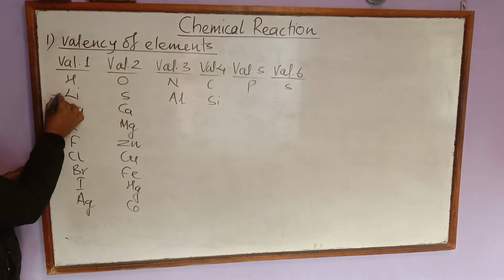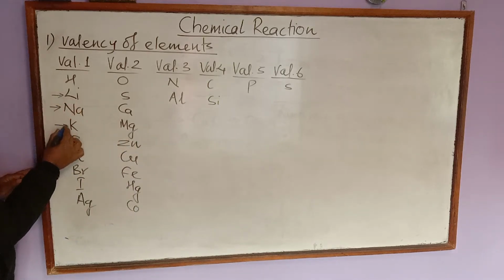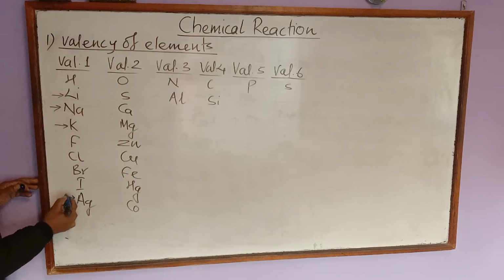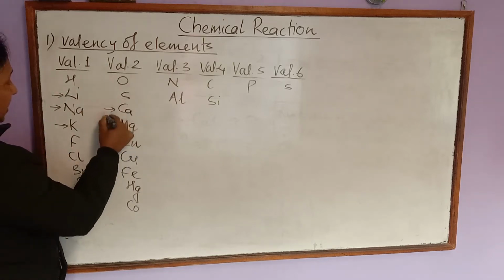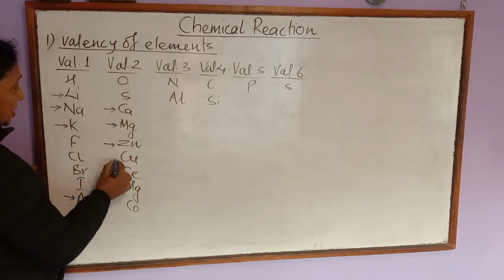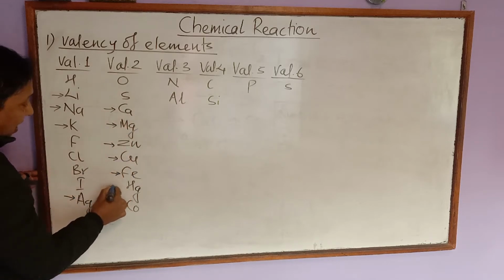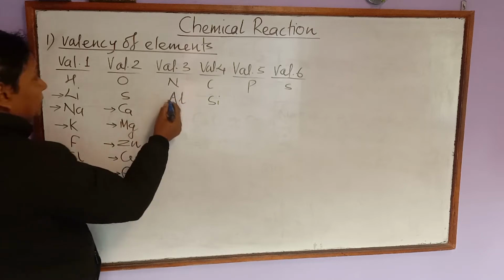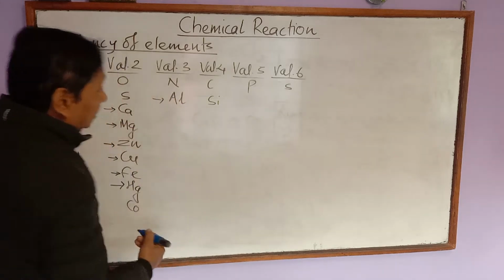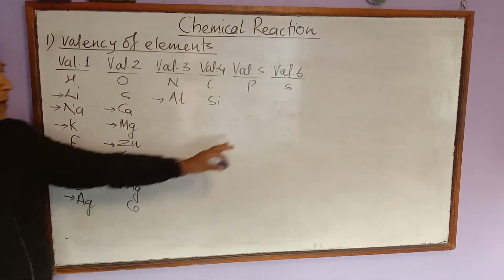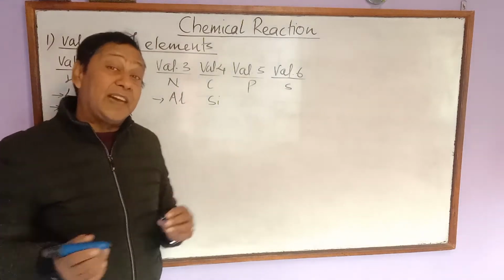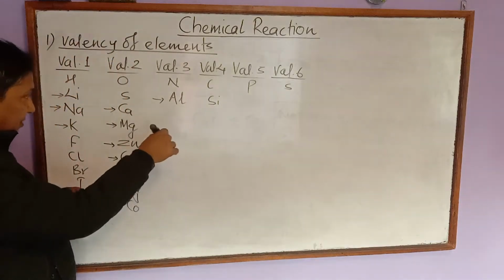First I want to point out the metals. Look at this: lithium, sodium, potassium are metals, silver is a metal, and in the same way calcium, magnesium, zinc, copper, iron, mercury are metals, and aluminium is also a metal, the others are not metals. Now there are some metals which have variable valency. I want to mention them first.